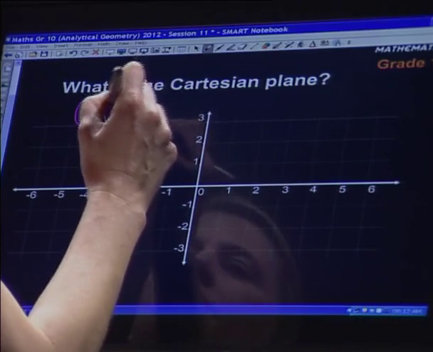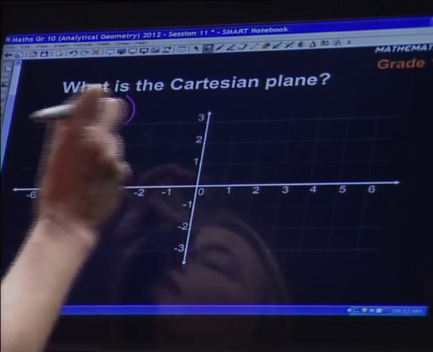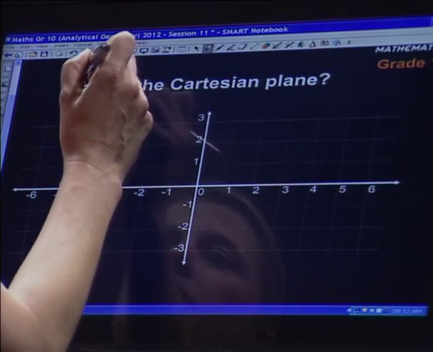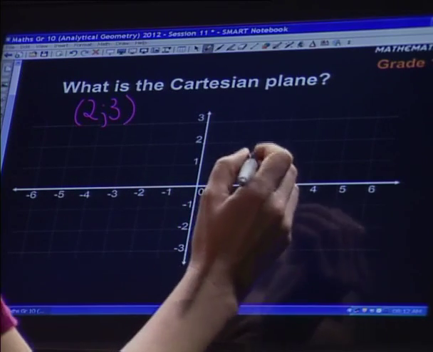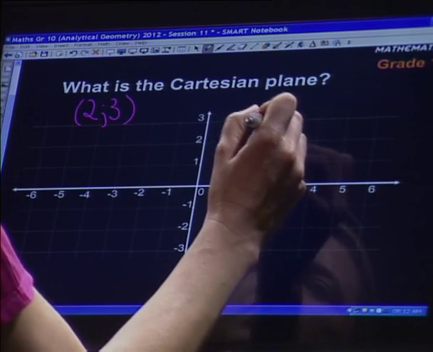So let's have a look at the point x is 2, y is 3. Remember, your Cartesian coordinates are given to you as an ordered pair, so it's always x first and then y. X is 2, y is 3 will then be over there.